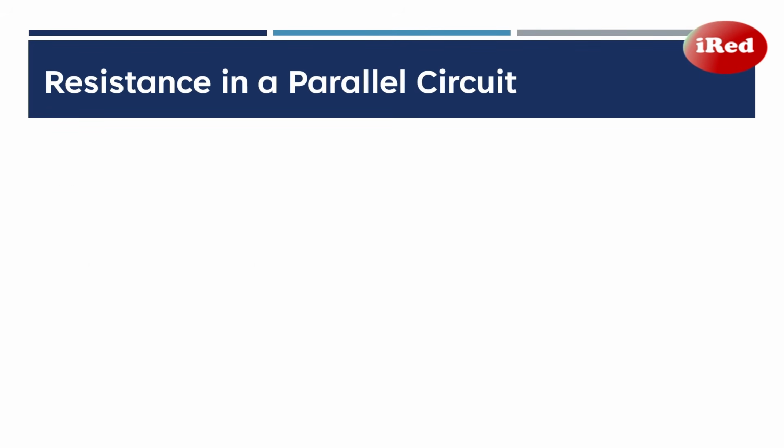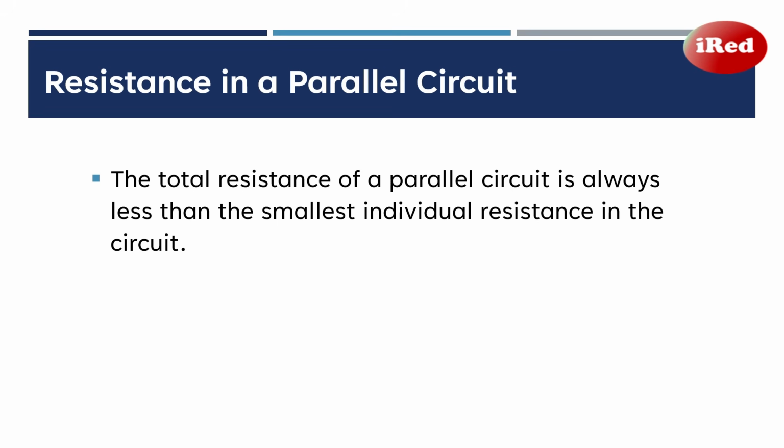Now let's learn about the resistance in a parallel circuit. Unlike a series circuit where the total resistance is simply the sum of all the resistors, finding the total resistance in a parallel circuit is different. The total resistance of a parallel circuit is always less than the smallest individual resistance in the circuit.